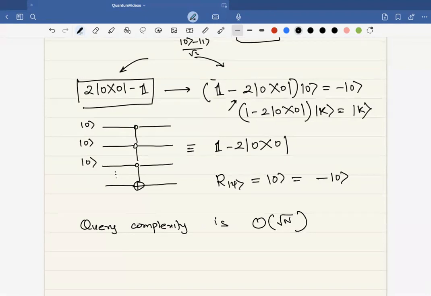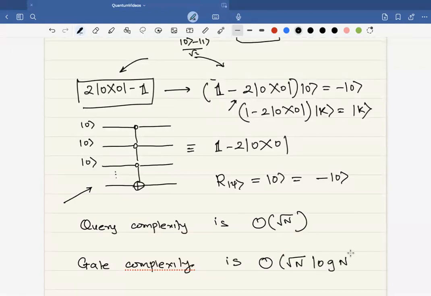And one can show that the gate complexity, if I further decompose these types of circuits into single and 2-qubit gates, is order of square root of n log n.